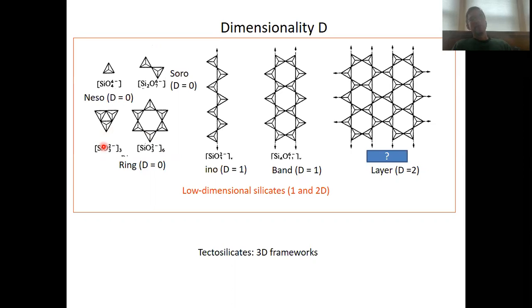So why do we have that stoichiometry and why do we have a 2 negative charge? We can easily derive this when we consider that in a ring silicate, each SiO4 tetrahedron has 2 shared oxygens and 2 terminal oxygens.